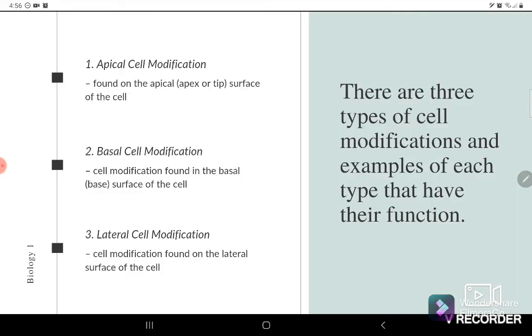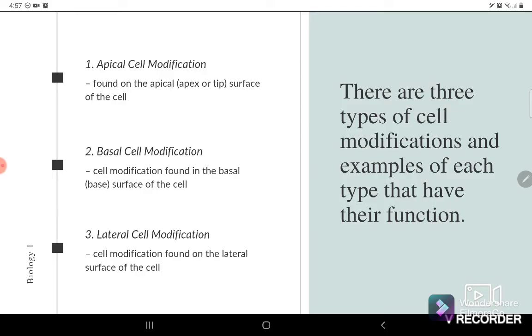There are three types of cell modifications, and examples of each type have their function. First, we have the apical cell modification, found on the apical surface, or apex or tip, of the cell. Next, we have the basal cell modification.